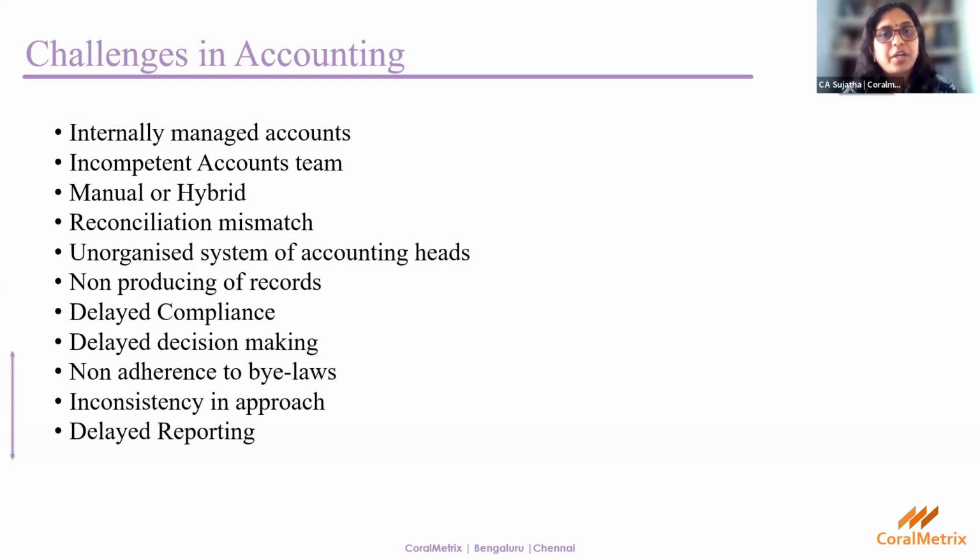The person in charge of accounts is not able to spend adequate time on the bookkeeping. Because of that, there is always a delay, there is always a mismatch. There are apartments of size 300, 400, and still they manage internally.